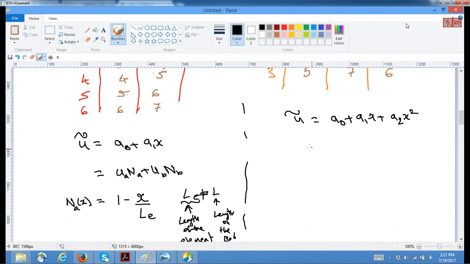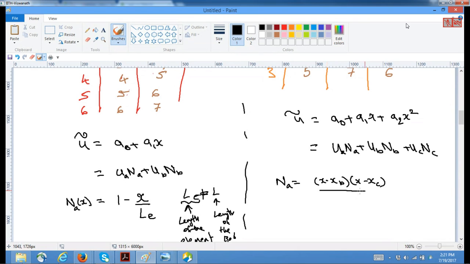Now you need to understand that this is not a good way because A0, A1, A2 don't have a physical meaning. Instead, U tilde is UA NA plus UB NB plus UC NC, and our NA is defined as X minus XB, X minus XC divided by XA minus XB and XA minus XC.